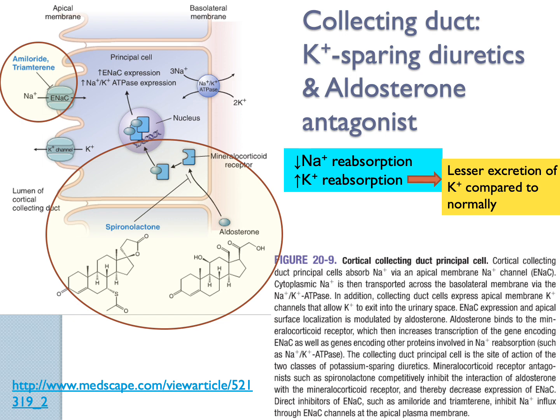The second part is the aldosterone antagonist. You've got spironolactone or eplerenone, which antagonize the mineralocorticoid receptors.